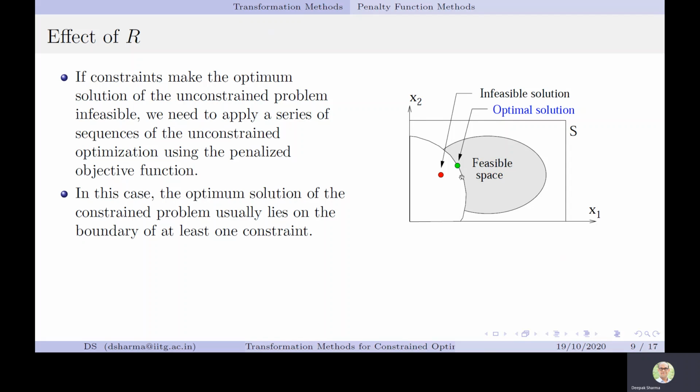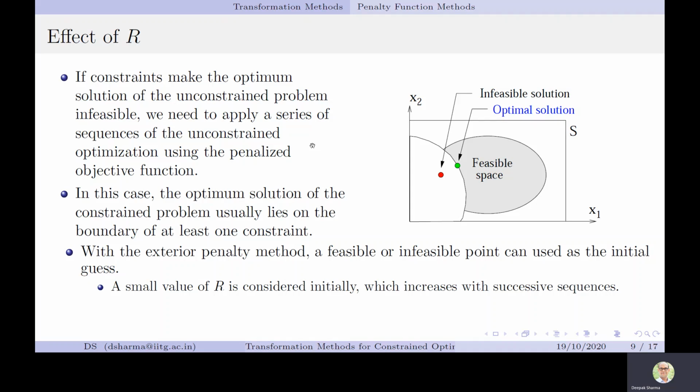Now as soon as this new constraint has come, our optimum point in the previous case, which is in the previous slide, is now infeasible. And we have to now find the optimum solution. Generally, whenever this situation happens, our optimum solution most of the time lies on the boundary. So this is the boundary of one of the constraints.